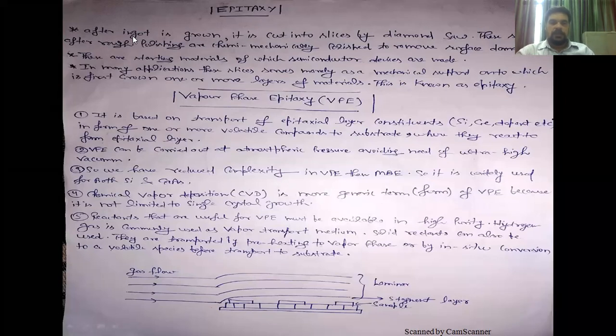Lapping processes are also there, to remove surface damage. This is known as silicon shaping. After silicon shaping, the product we get is the starting material of which semiconductor devices are made.